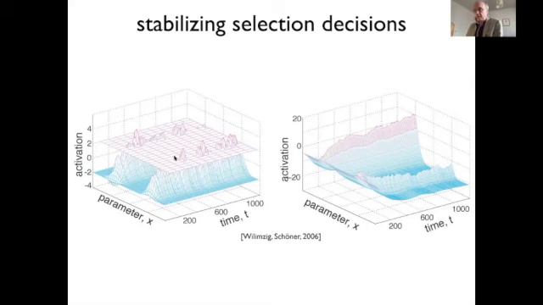This would not be implausible. And so here you would say the selection decision isn't stabilized. You would maybe select this location, but then jump to this one and then jump back and so on. There would be multiple switches in your choice. And that is not a good thing.